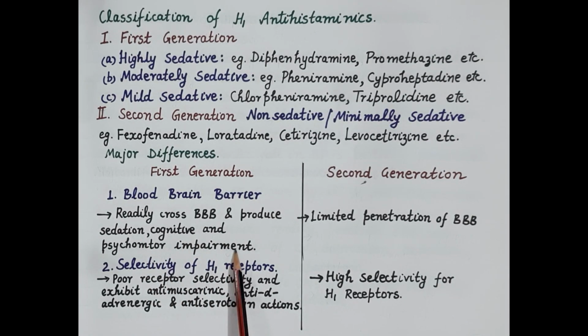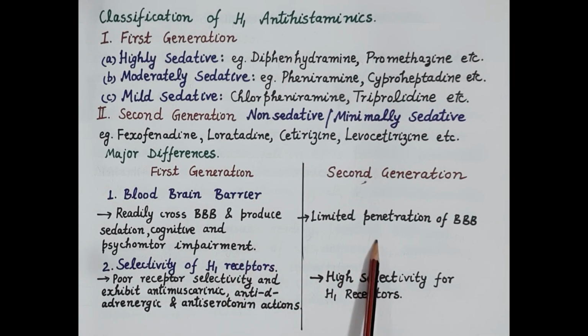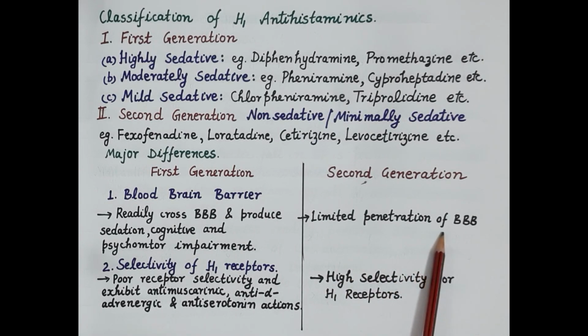Psychomotor impairment like difficulty in driving and difficulty in performing all other daily motor activities. While second generation H1 antihistaminics exhibit limited penetration of the blood-brain barrier. And thus these agents show practically no sedation or minimal, that is very little sedation.